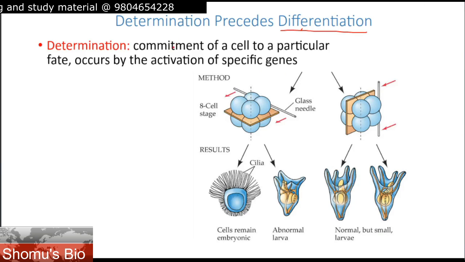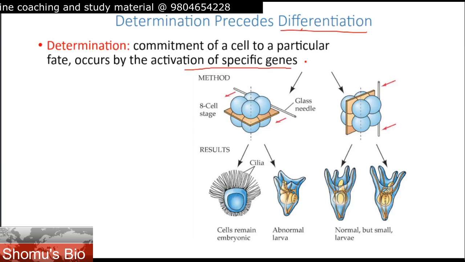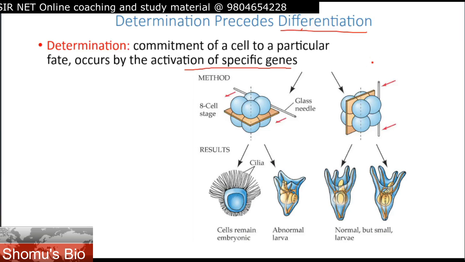So this determination, meaning commitment of a cell to a particular fate, occurs by activation of specific genes. Obviously, if a cell needs to modify itself and produce a particular function, it needs to be regulated by the gene. So obviously everything is present in the gene to be controlled, but the distribution pattern of the DNA material that is present from before is not the same for every single organism.